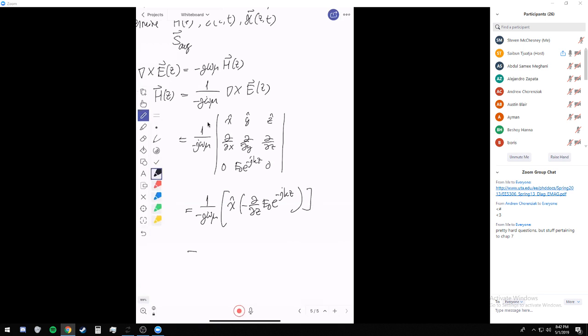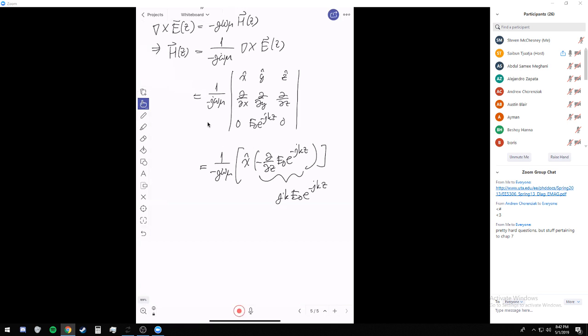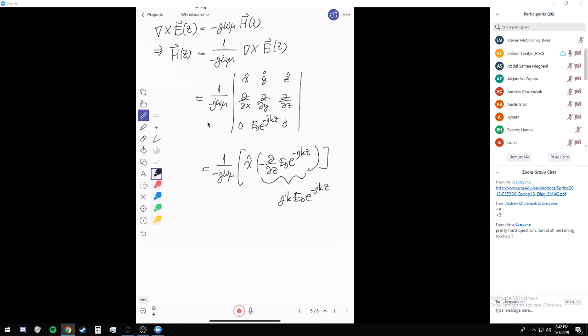And any question at all? So what do I have now? What is this? This is nothing but minus minus. I have j, k, and then E0 e to the minus jkz, right? And the whole thing I have here now is equal to, negative j, j cancel out.